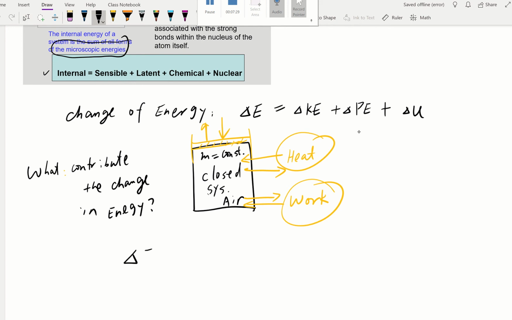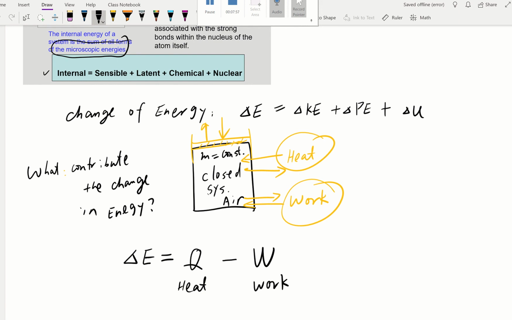Delta E, this internal energy change, could be contributed from heat, and Q is heat. Could be contributed from work, that's W. Those two contribute the energy change. And here, I'm not going to use plus, I'm going to use minus. It doesn't really matter. We're going to define the sign convention right after this. But why are they using minus?